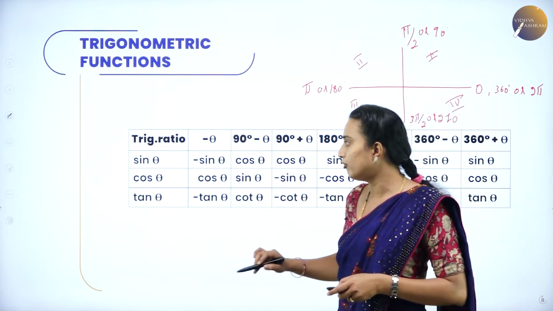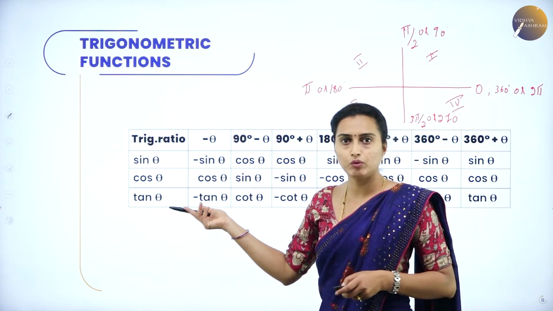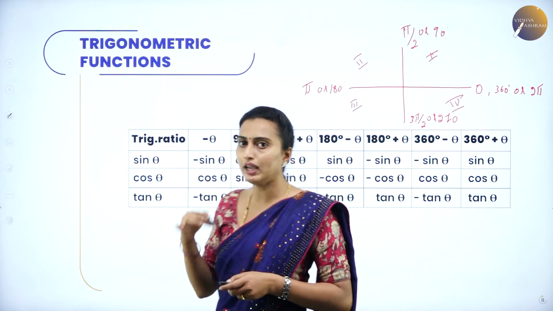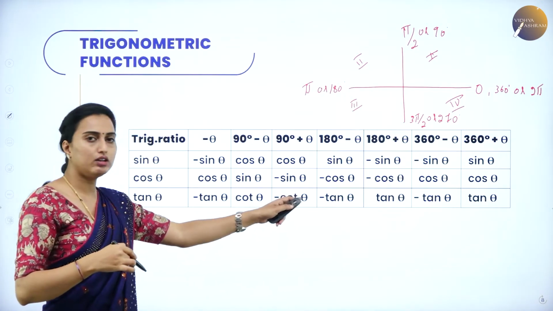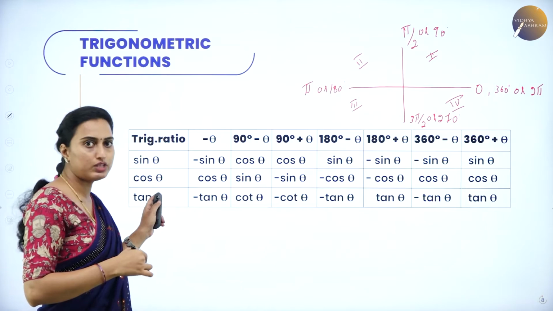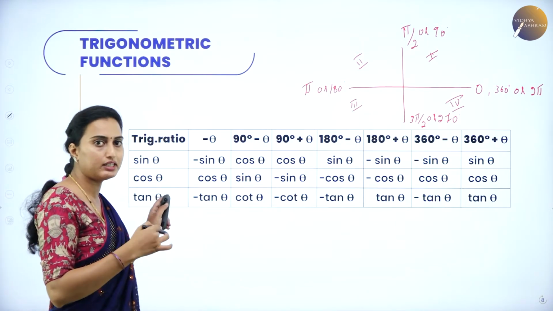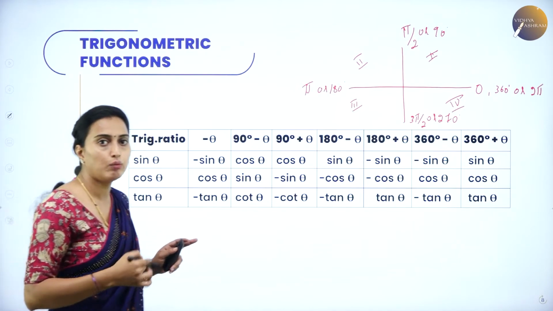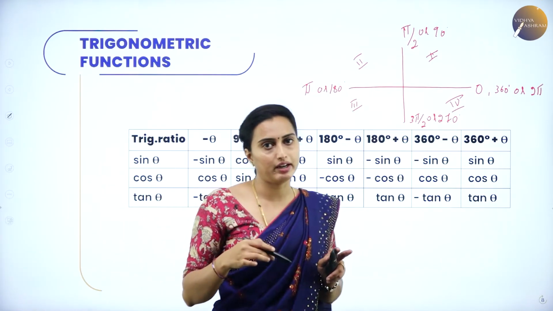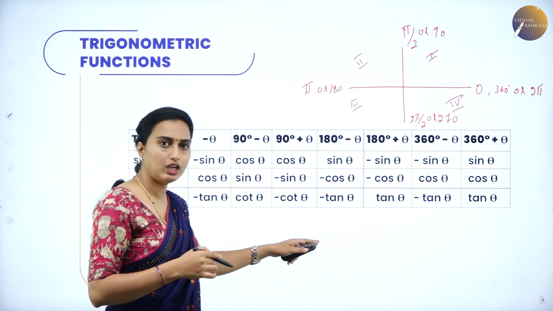Similarly, you can follow it for the reciprocals. Cosecant can be written as 1 by sine. Similarly, cos is nothing but 1 by secant, or secant is nothing but 1 by cos. And tan is nothing but 1 by cot, or cot is nothing but 1 by tan. Are you getting this?